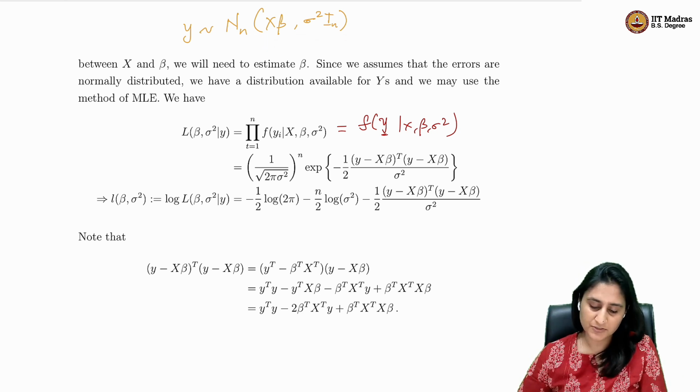So I use that information to just write down its density. I don't have to worry about a complicated covariance matrix because it's just identity with a sigma squared right next to it. So I get 1 over square root of 2 pi sigma squared to the power n, e to the power minus half (y minus x beta) transpose (y minus x beta) divided by sigma squared.